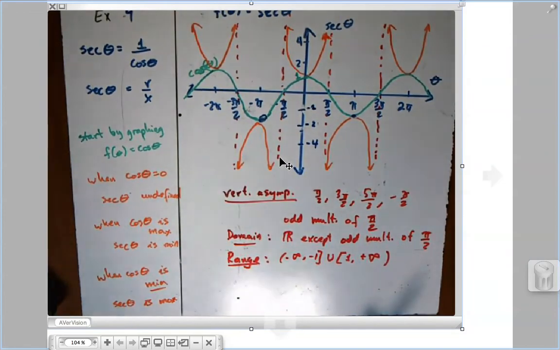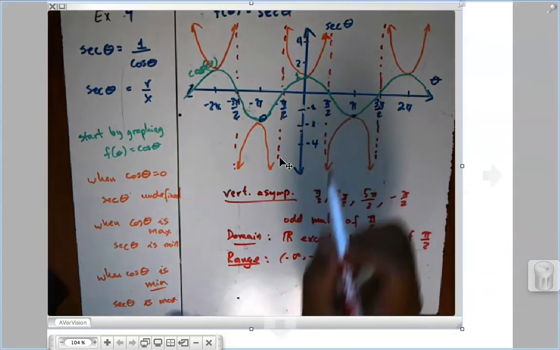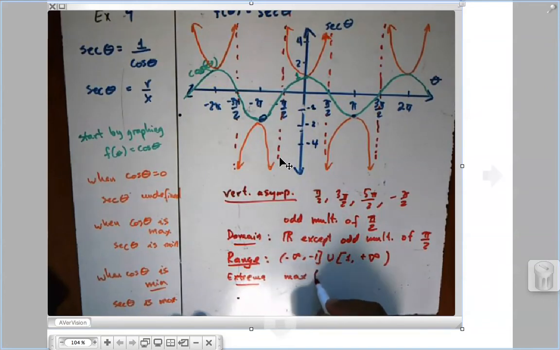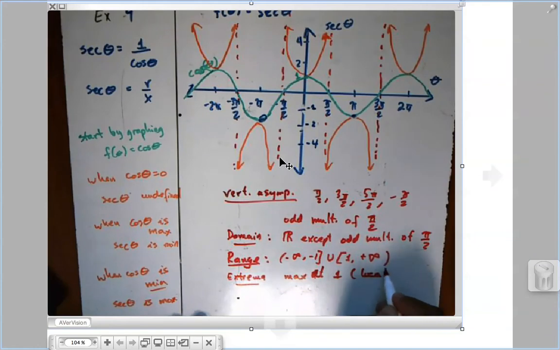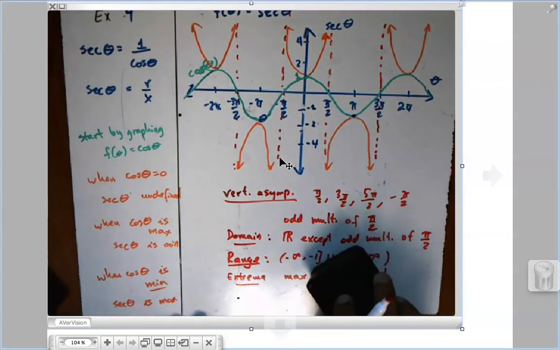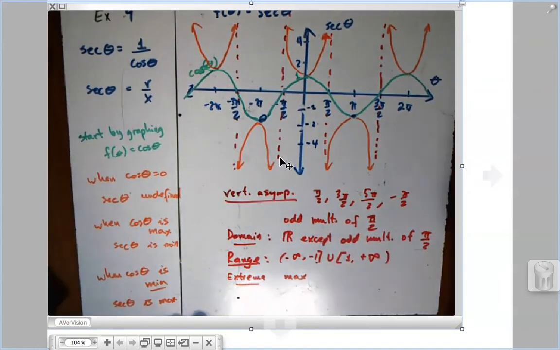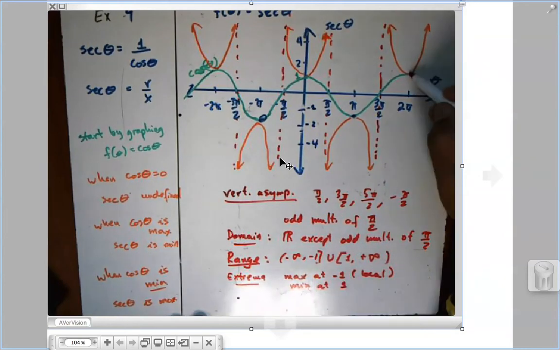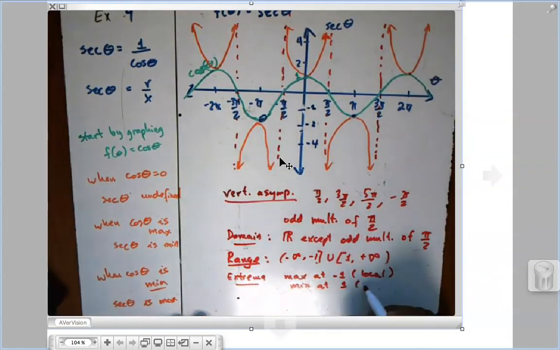Few other facts here. This has all the extrema. It has a max at -1, excuse me. These maximum points are actually at -1, and that's local. It has a minimum value at +1. These right here are actually minimum values, and that's also local.